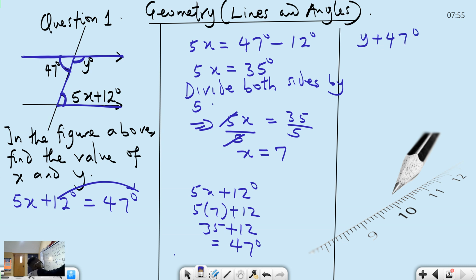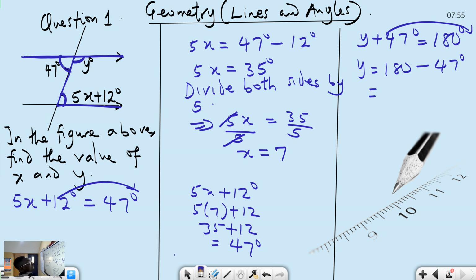Their sum is 180 degrees. So y equals 180, and when 47 goes to the other side it becomes minus 47. So 180 minus 47 gives us 133 degrees.